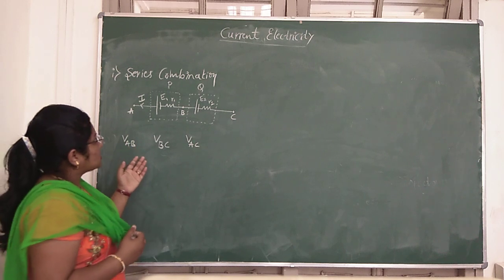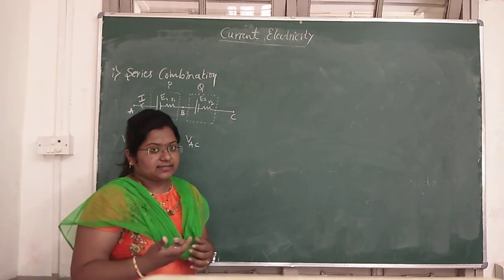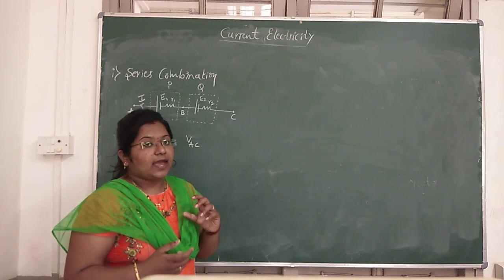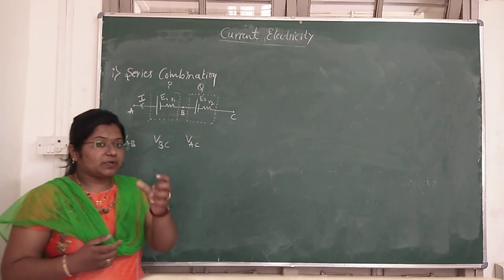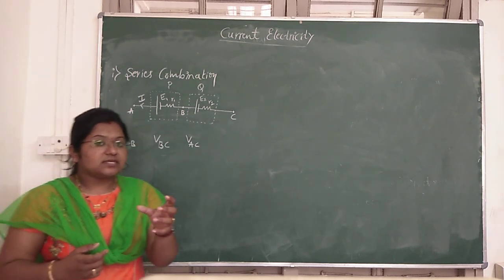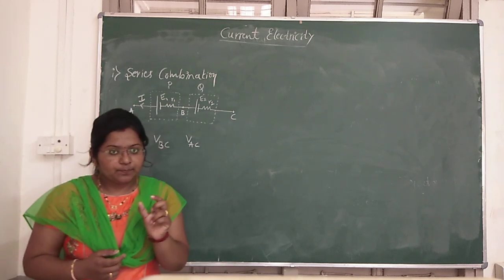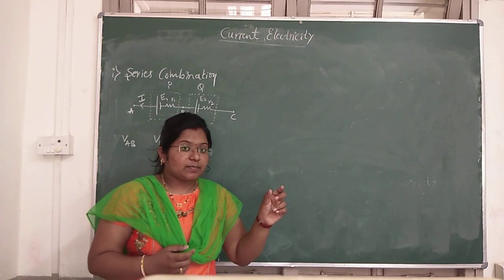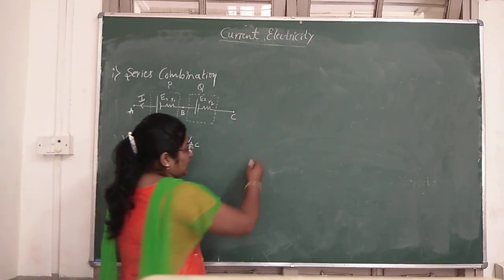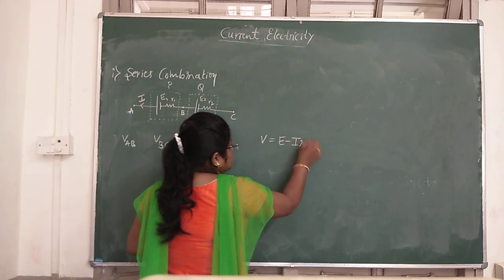Now let's continue. While we were discussing the concept of cells, we derived one expression that gives us the relation between terminal potential difference V and EMF of the cell E. Try to remember the expression. That expression was V is equal to E minus IR.